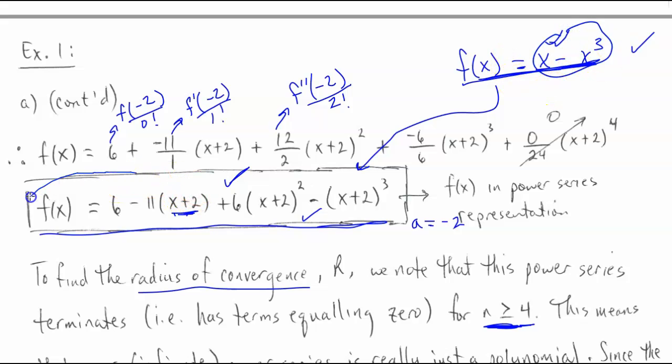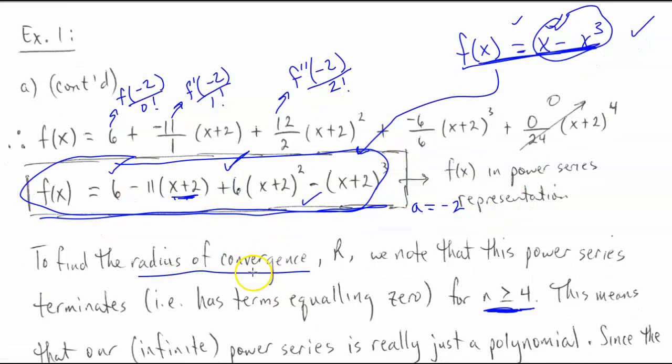So the domain of this function that terminates, which is a good thing, should also be all real numbers. By definition, the radius of convergence has to be infinite, which means any x value I plug into here and get a y value out, I can plug any real number x value into here and I'm going to get that same y value out.